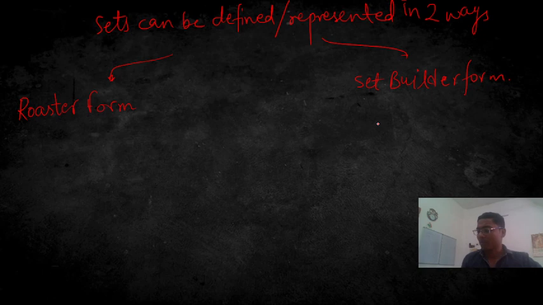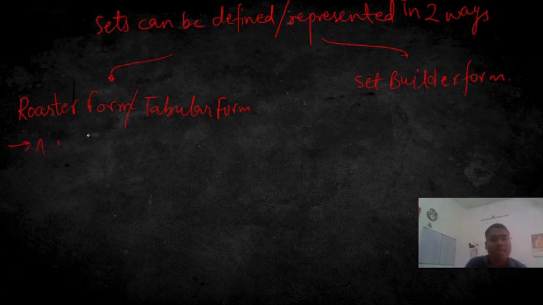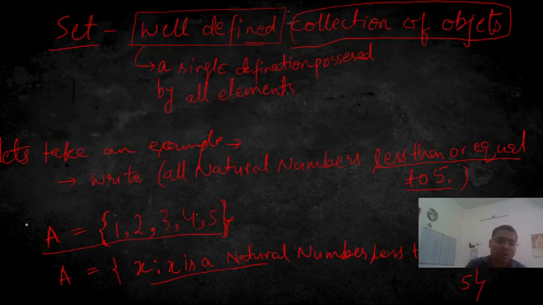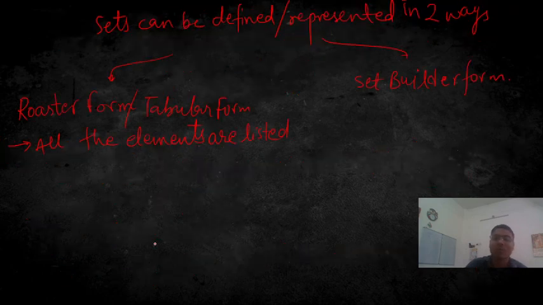In the roster form, also known as tabular form, all the elements are listed. As we already saw in these examples, we list all the elements separated with commas.